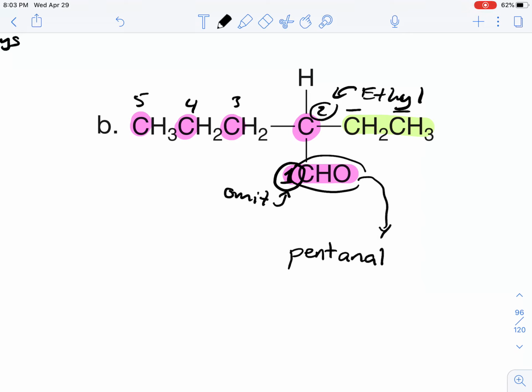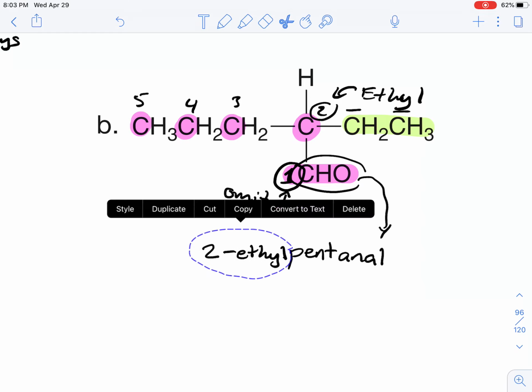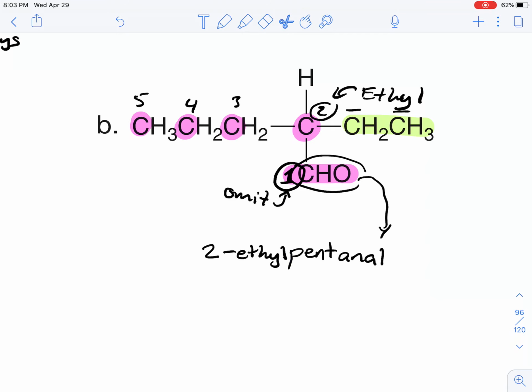So I'm merely just going to copy that down. I'm going to describe that in my name. So I have 2-ethyl pentanal. And so since I omitted the 1 from the name, I'm going to go ahead and scoot the substituent closer to my parent name. And so my final answer is 2-ethyl pentanal.